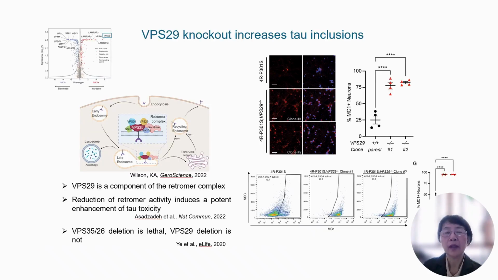We knocked out VPS29 in 4R-P301S cells and observed a 2 to 3-fold increase in tau propagation by immunocytochemistry and flow cytometry, supporting a role for VPS29 in tau spreading.